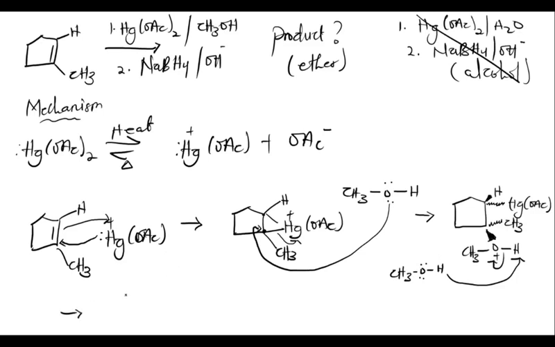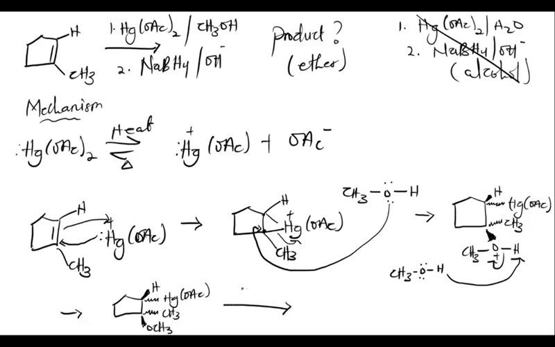So our intermediate now looks like this. So we have on the dash over here hydrogen, then on the wedge we have this. Okay, then on the other, the most substituted carbon, on the wedge we have the methyl group, and then on the dash, okay, we have our OCH3 group, or the alkoxy group. So this is now our intermediate.